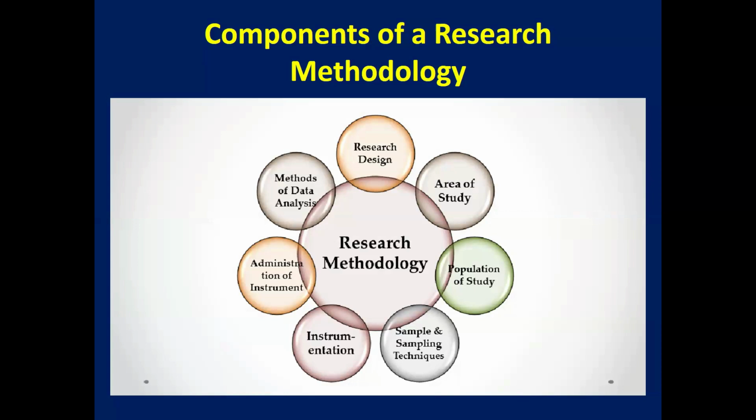Then research design. In a particular research approach, there are research designs. For example, in the quantitative research approach, there is descriptive design, exploratory design, case control design, experimental design, quasi-experimental design, randomized control design. So which design we have to use to achieve our goal, to interpret our results and to achieve our outcome.